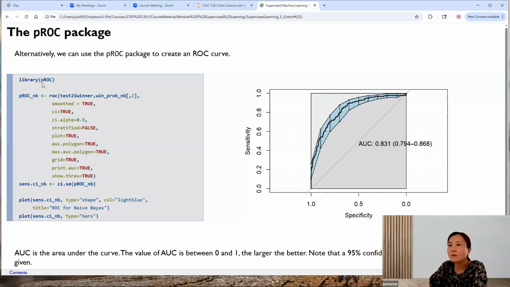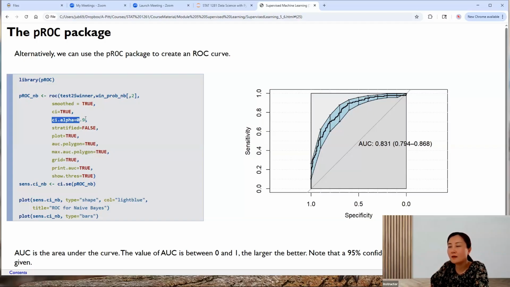Right? So load the package, and the function is just called roc. And you still need to provide the true labels in the test set, and also the winning probability for Obama, in our case. So this one, you still need to calculate first, and then feed it into the function. Okay, there are some arguments.